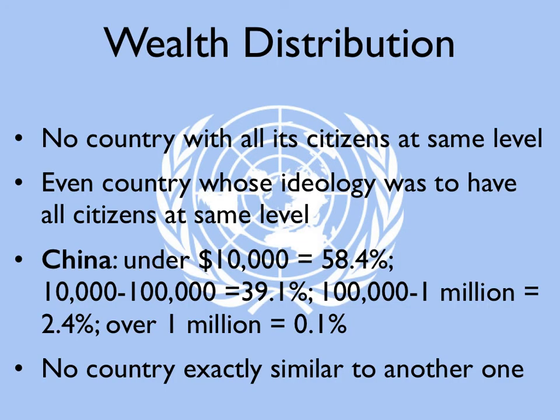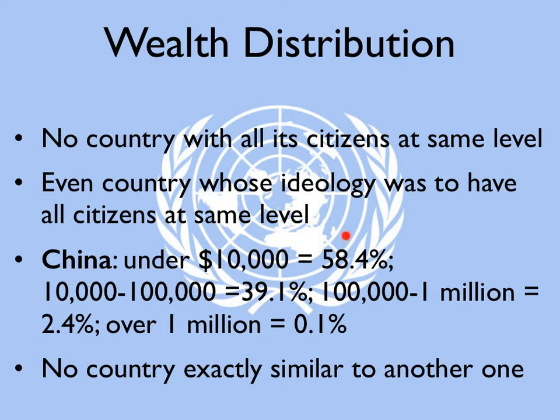So regarding wealth distribution, we see that there is no country with all its citizens at the same level. Even a country whose ideology was to have all citizens at the same level doesn't quite work, and the country is China, even though it's very sad to see that more than 50% have under 10,000, and then the next range is 39.1%, and then over that it becomes really small.